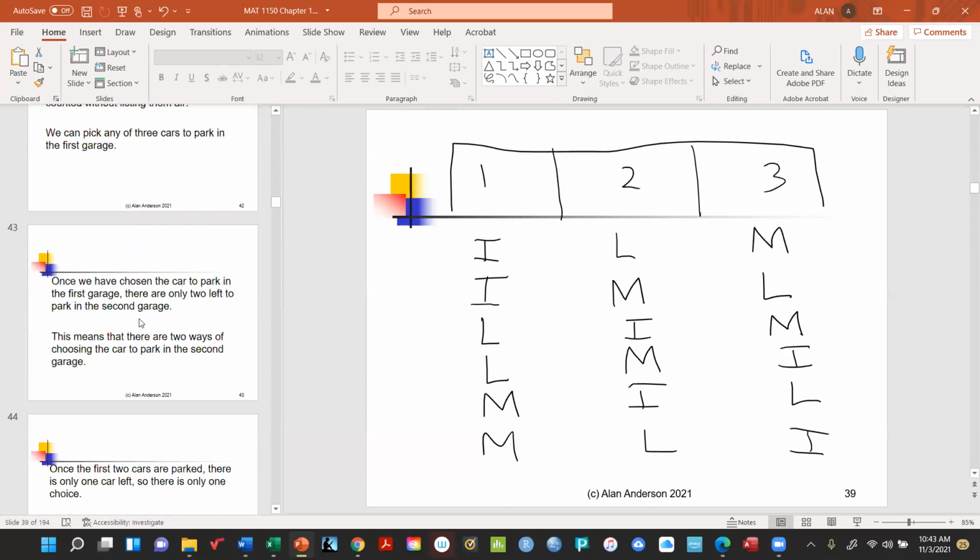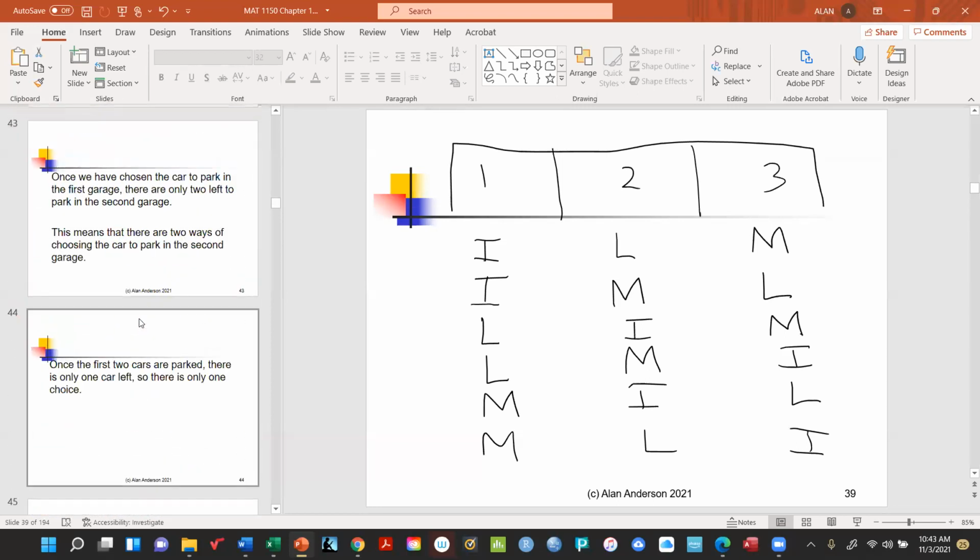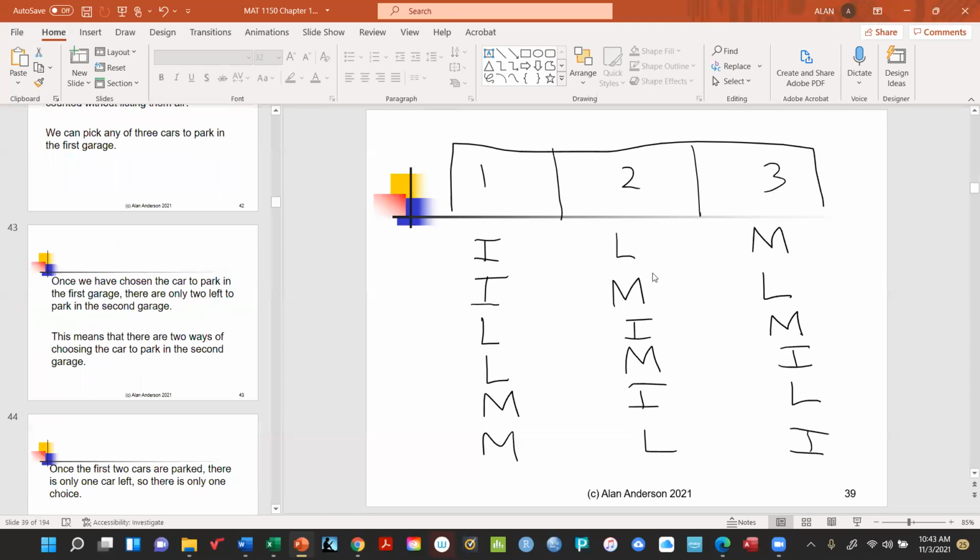Let me show you. But before we do, let us think about this situation a little bit. For the first car, and they mentioned this in the video, there are 3 different ways of parking the first car. Once we've chosen the car for the first garage, there's 2 left for the second garage. And once we've chosen that car, there's only 1 left for the third car.